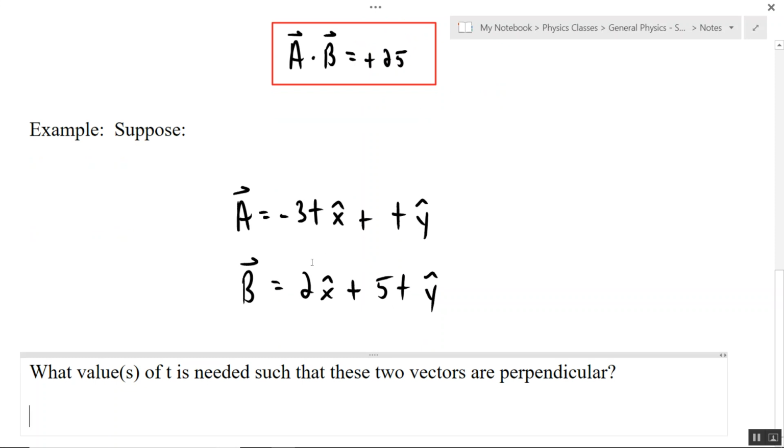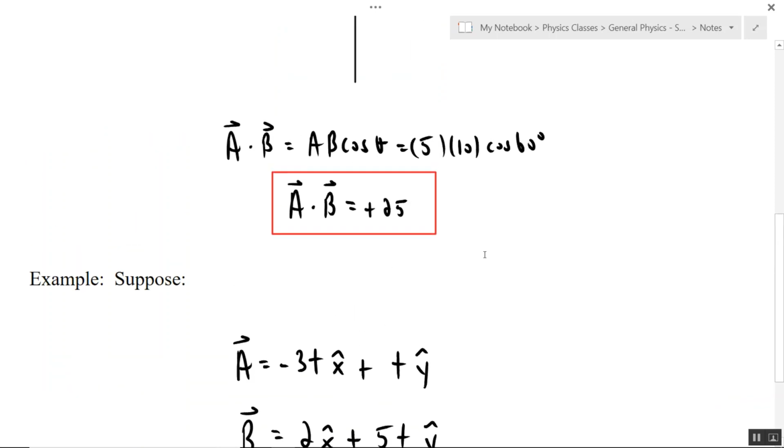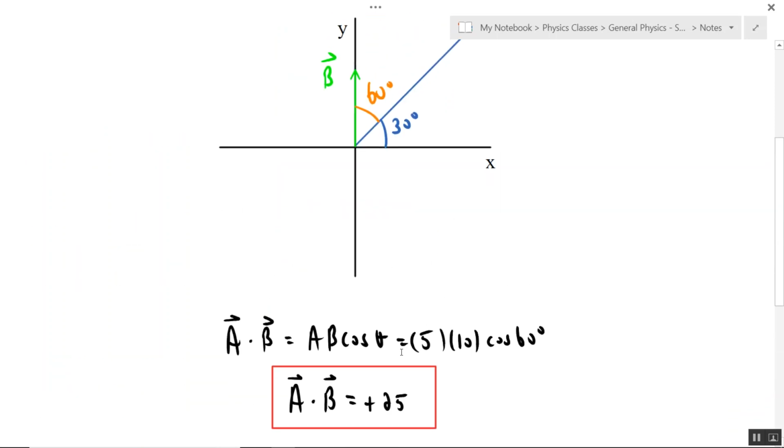So we're going to use that in a second. But how do we know if two vectors are perpendicular? What's the angle between two vectors that are perpendicular? 90. Right, and the cosine of 90 is 0, so that means their dot product is 0, right? So what we want to do is take the dot product, see when it's equal to 0, and then solve for t.